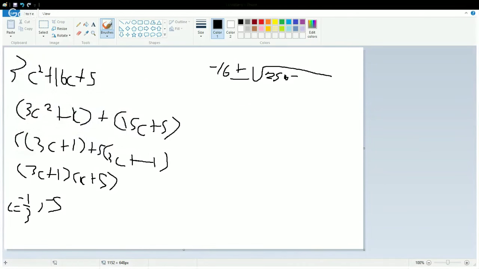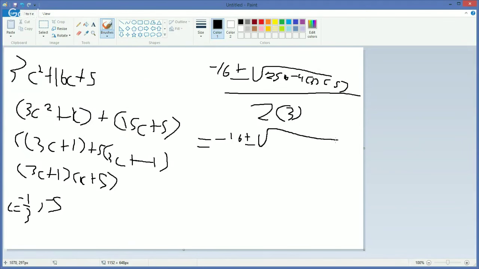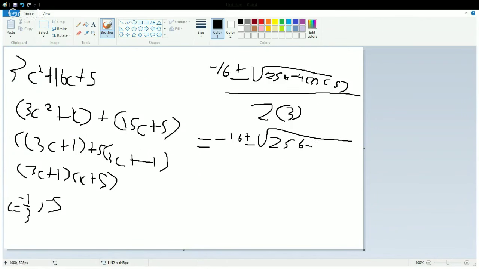Sorry, let me write this out. 4 times 3 times 5, over 2 times 3. So c equals minus 16 plus or minus the square root of 256 minus 4 times 3, which is 12, times 5, which is 60.